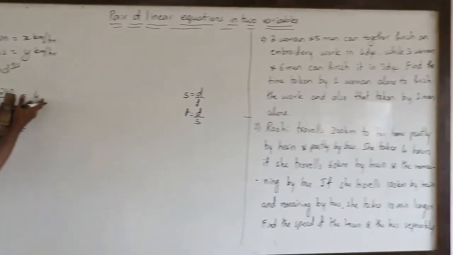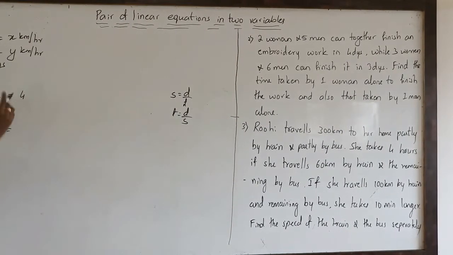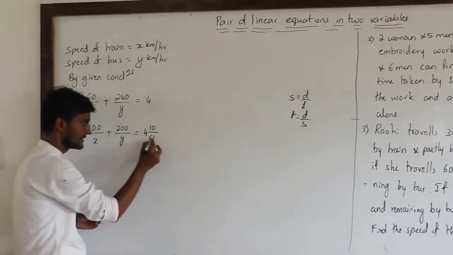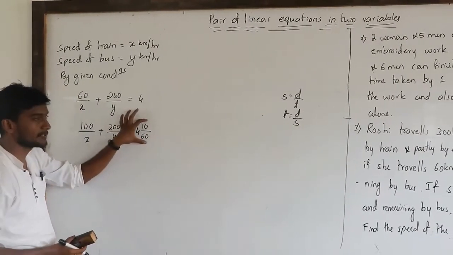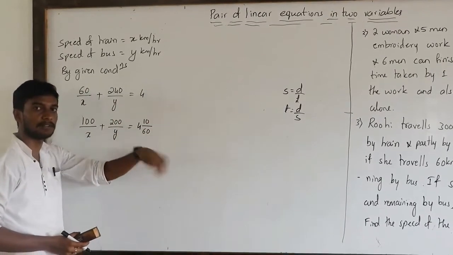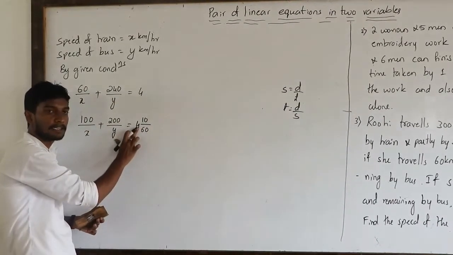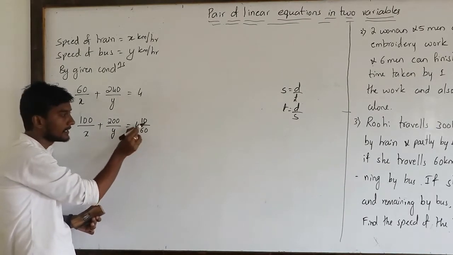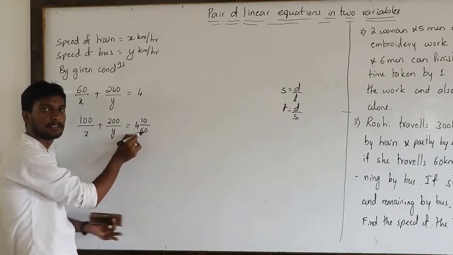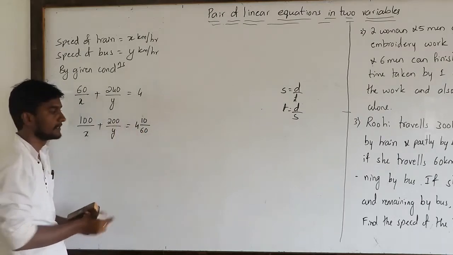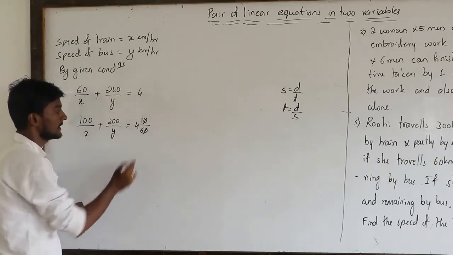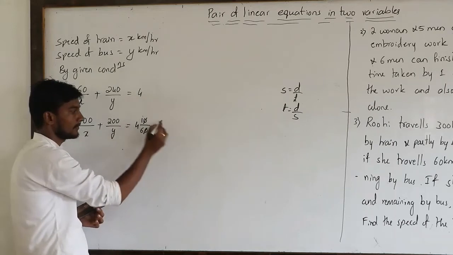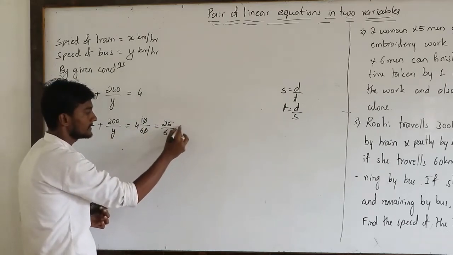Longer means already she has taken 4 hours, so 10 minutes longer means 4 integer 10 divided by 60. Because we have to convert minutes into hours, 10 minutes is 10 divided by 60 hour. If you cancel this, you get 4 integer 1 by 6, 6 4s are 24 plus 1, 25 divided by 6 hours.